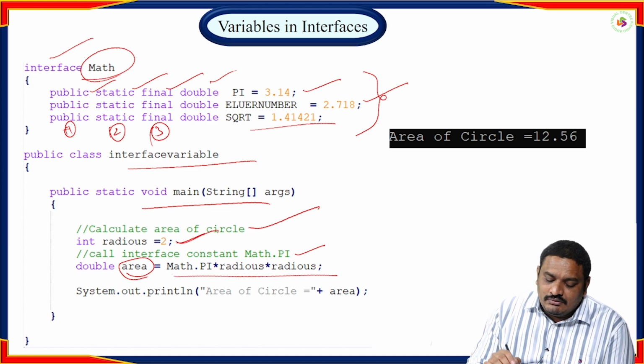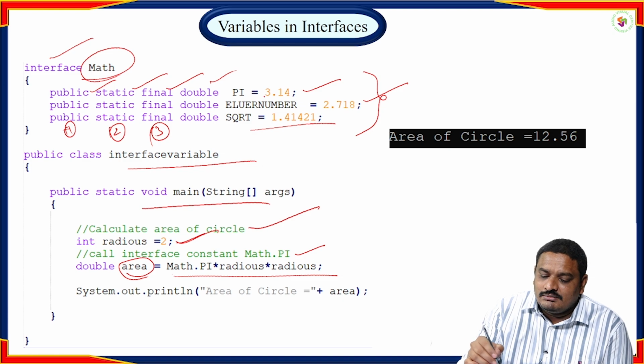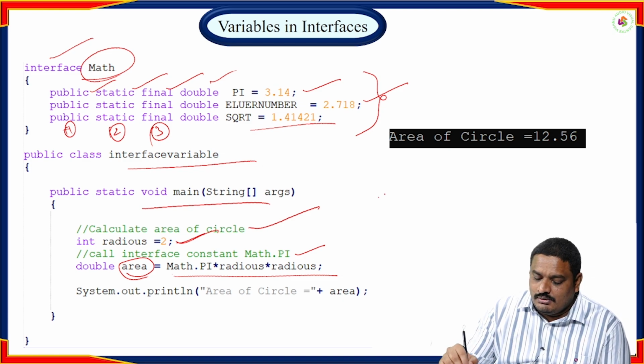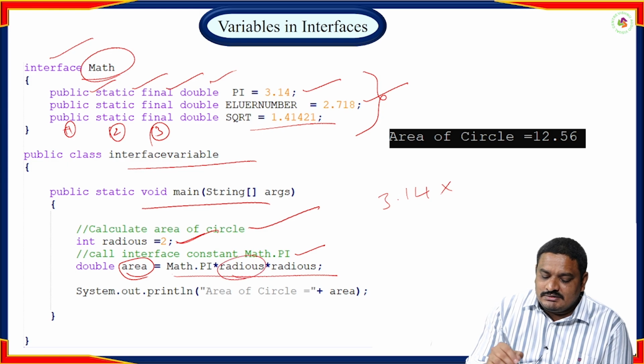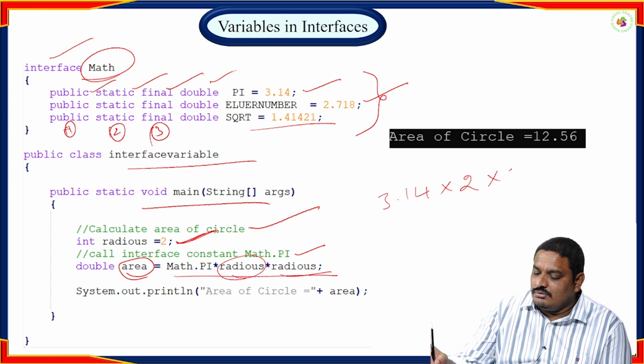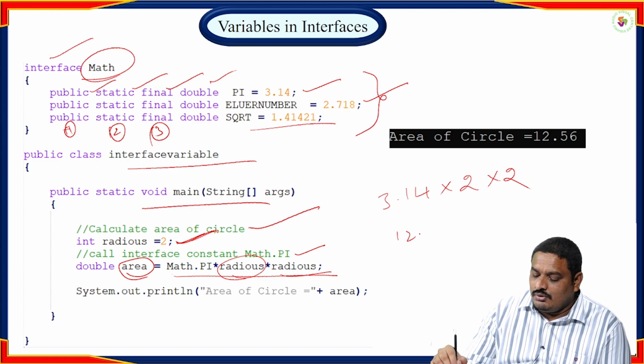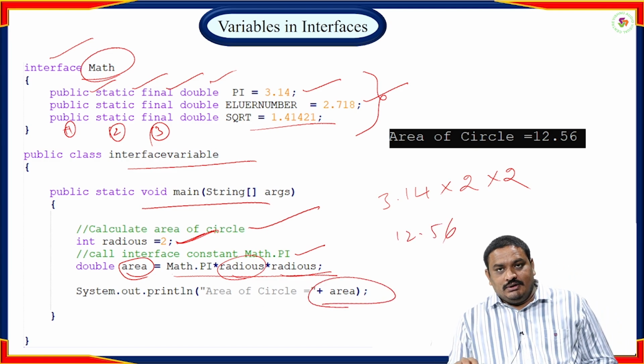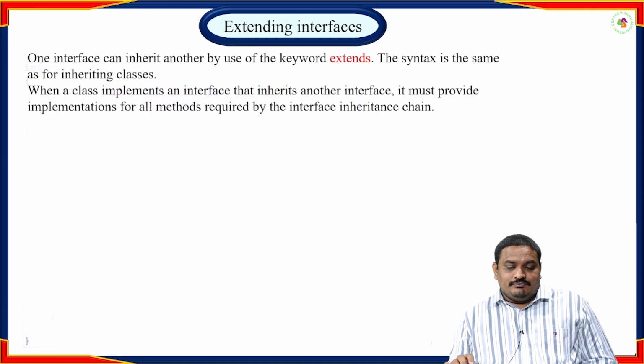What is the radius value? 2. Math.PI value is 3.14. 3.14 into 2 into 2. The final value, 12.56, is displayed. That is the variables.